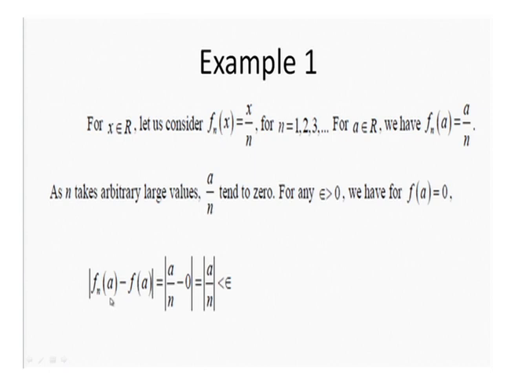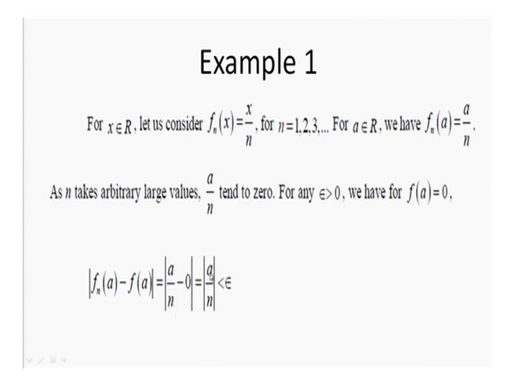If you take x equal to a, f_n(a) becomes a by n, and we guess f(a) becomes 0, the limit. So let us take f(a) equal to 0 and study this.